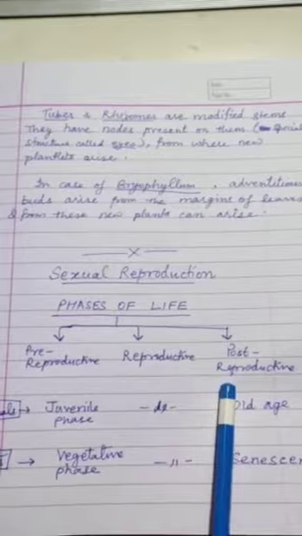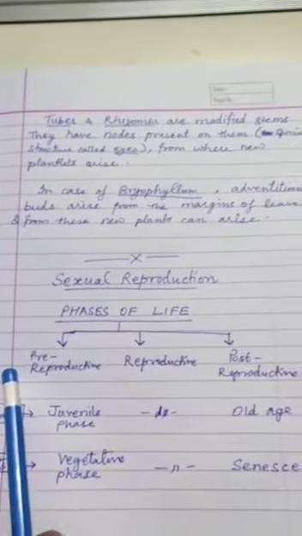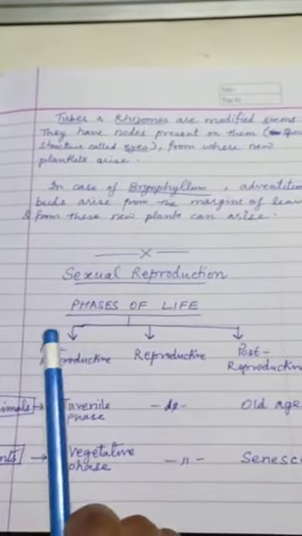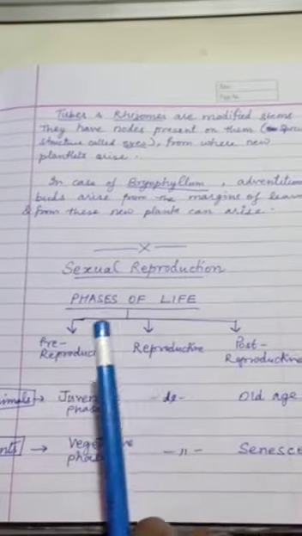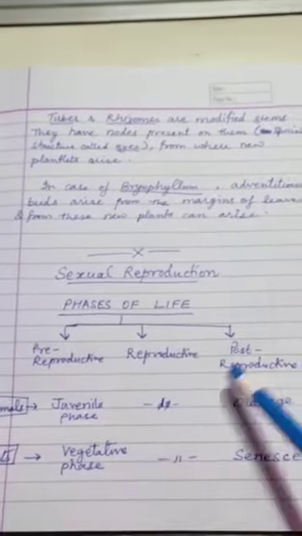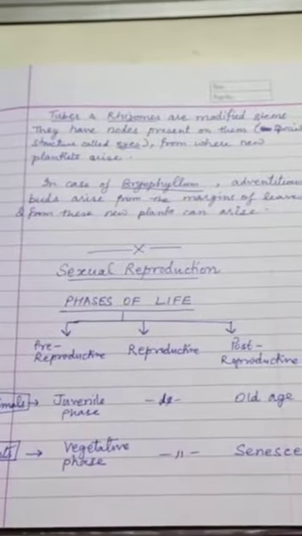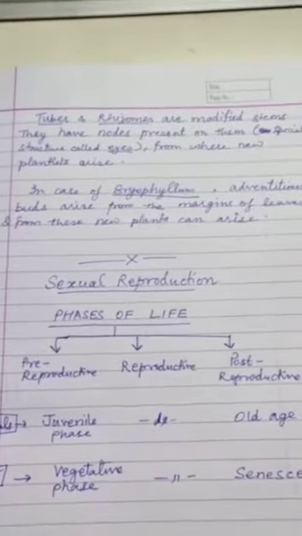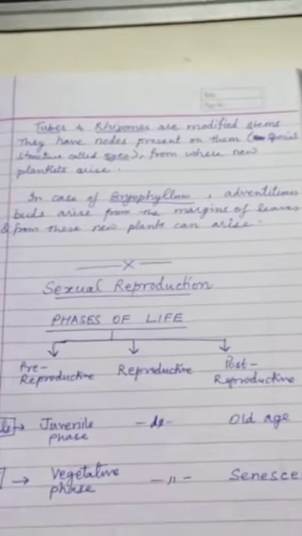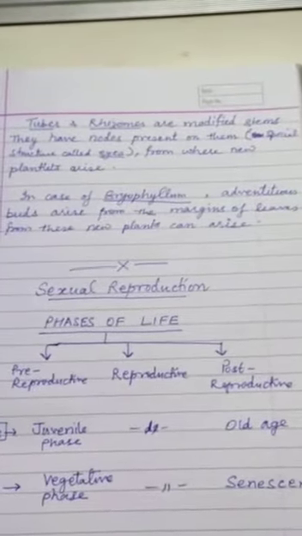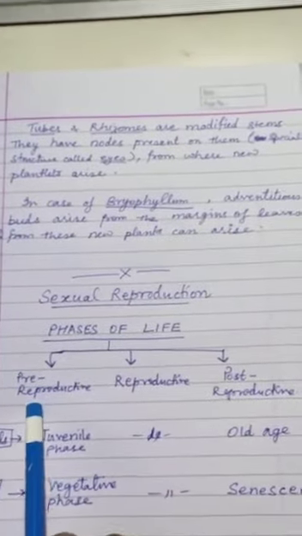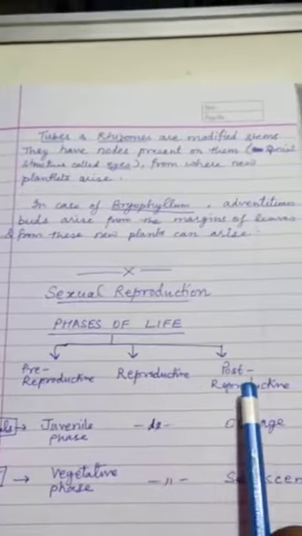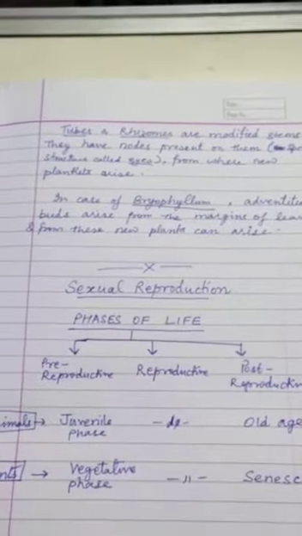An organism by birth is not capable of reproduction. After birth, it becomes young, then adult, then old, and then dies. So in scientific terms, in terms of reproduction, we say phases of life are of 3 types: pre-reproductive phase, reproductive phase, and post-reproductive phase.